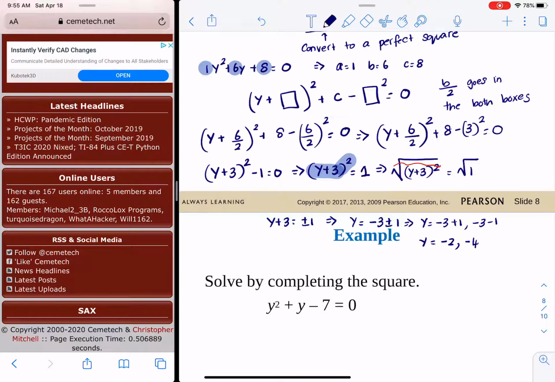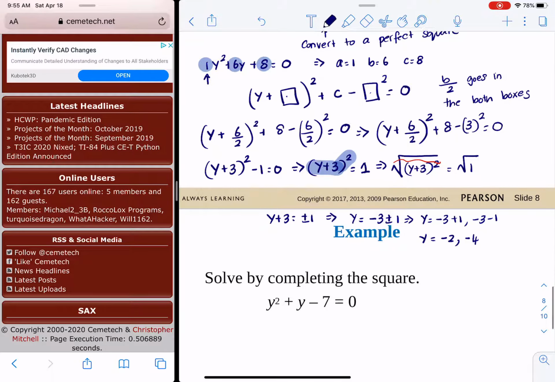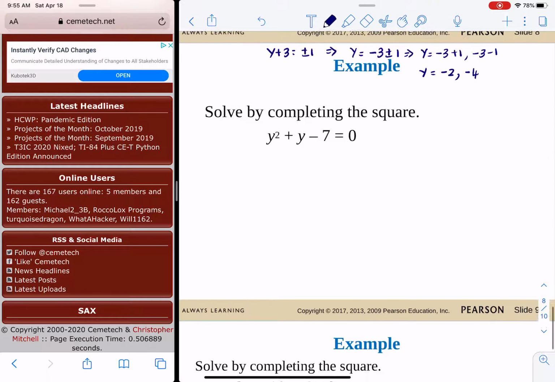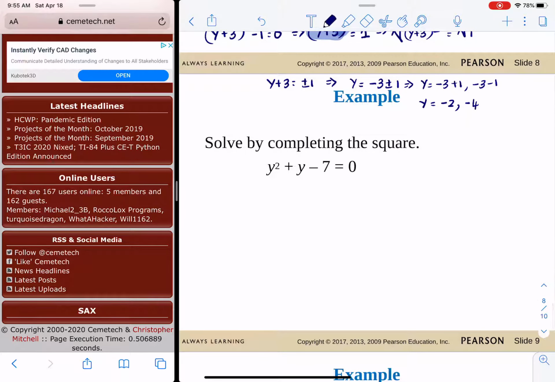Keep in mind, this process of using the boxes here and filling in those boxes can only work if the leading coefficient is 1. In other words, the value of a must be 1. So here we have a quadratic equation.